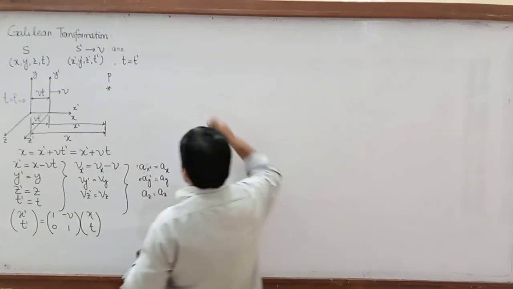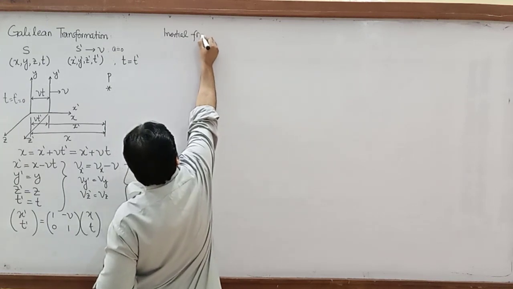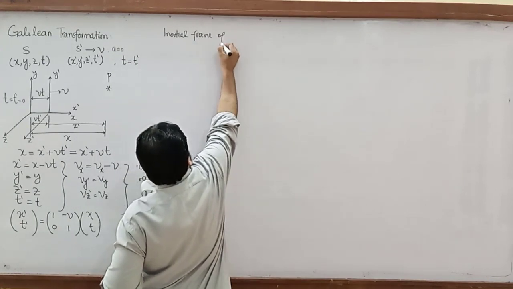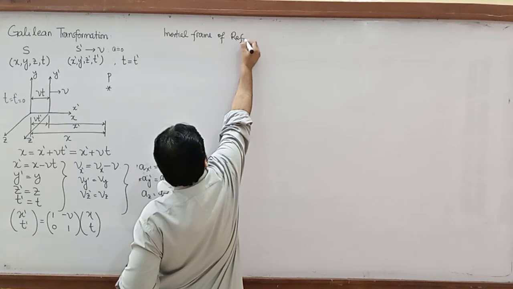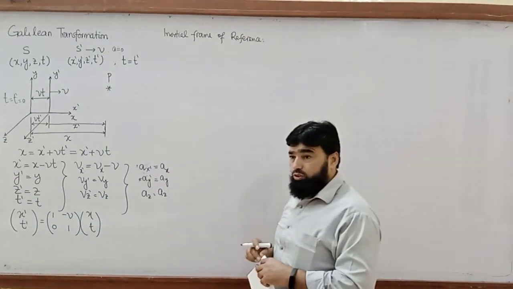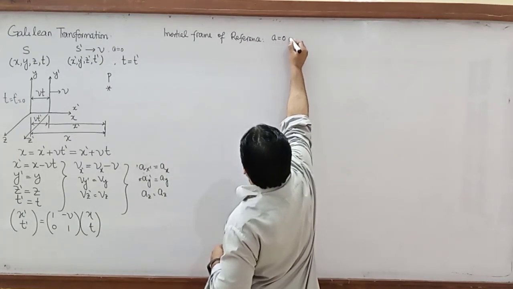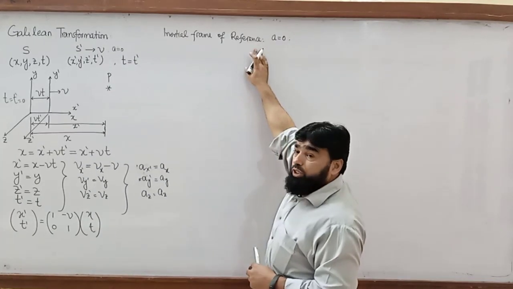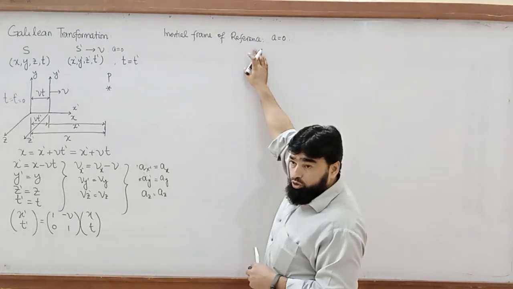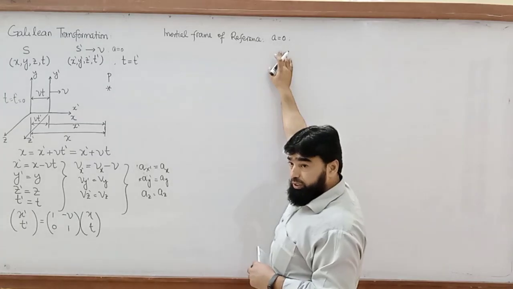Let's say I consider an inertial frame of reference. You remember the inertial frame of reference was the a equal to 0 frame, the frame in which the law of inertia holds, meaning a frame which is moving at a constant speed.